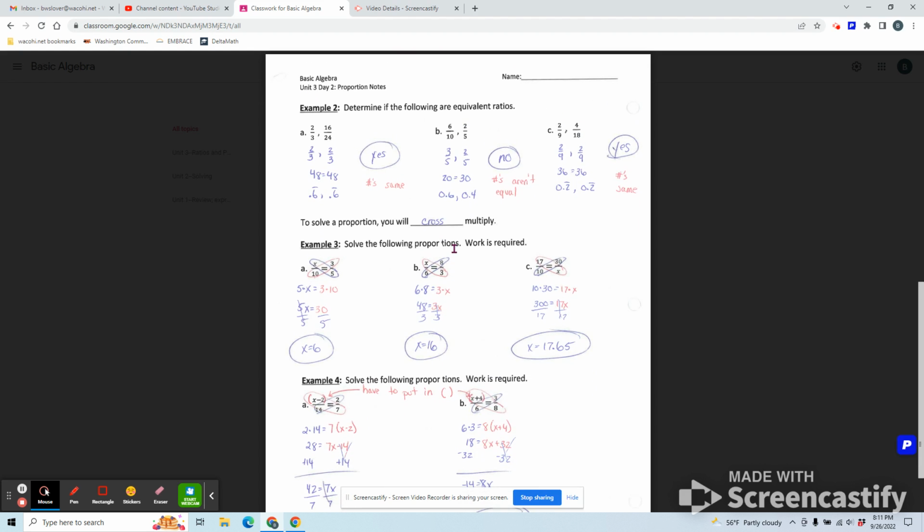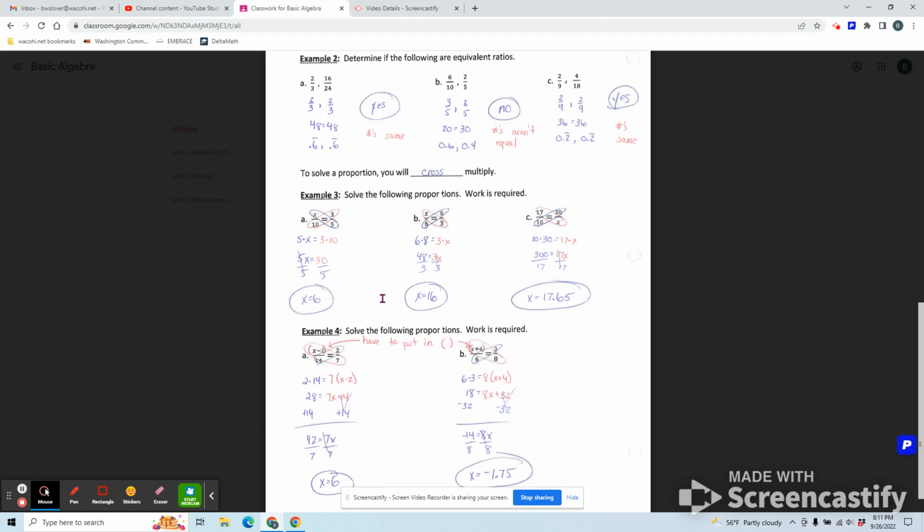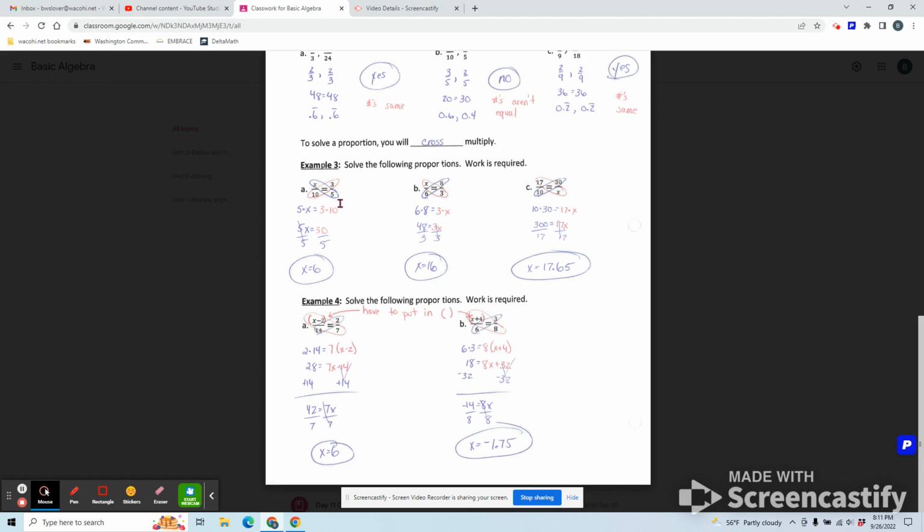Now that we know what it means if something is equivalent, let's actually solve our proportion. If we have a proportion that is equal, we are going to cross multiply. We're going to solve the following proportions and make sure we show our work. I tried to color coordinate what I was doing. Your previous math teacher may have talked about it differently.